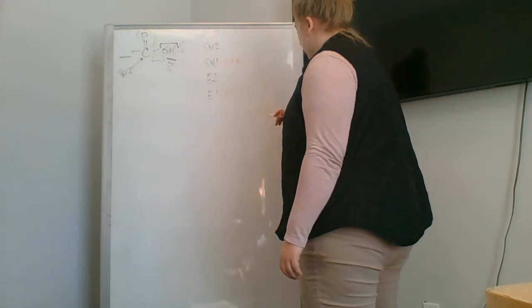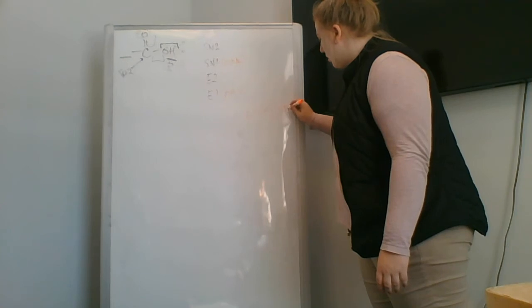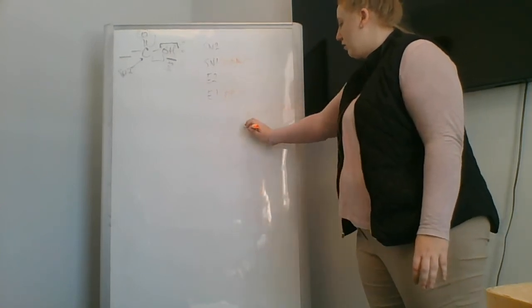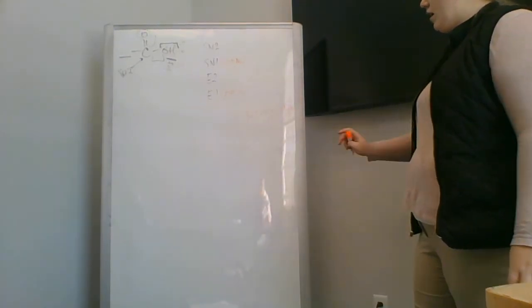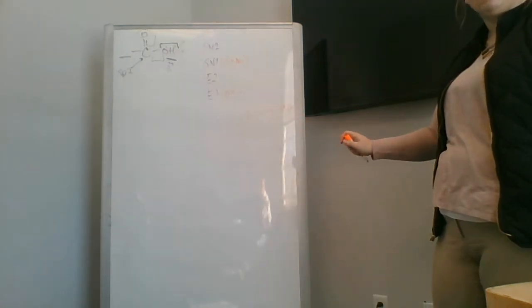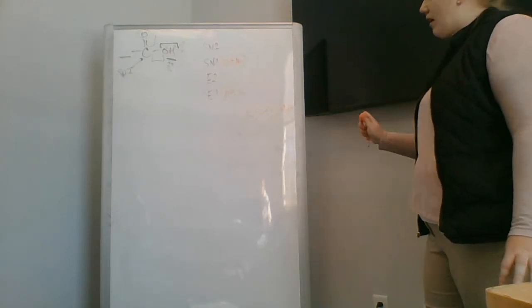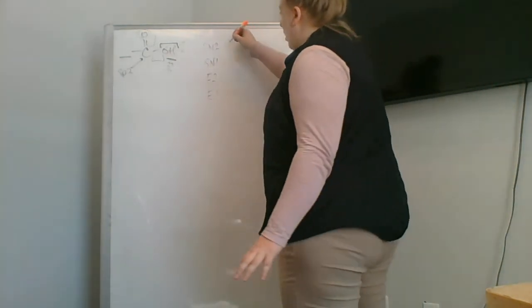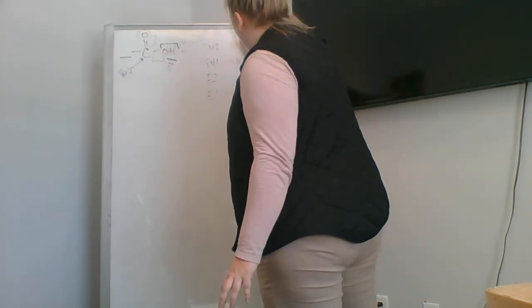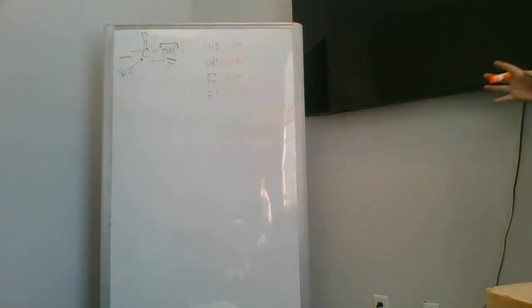This is considered an okay leaving group, so whatever we're reacting with wouldn't matter as long as... if you change the concentration of this, that would impact the reaction rate, but changing the nucleophile wouldn't change it. With bimolecular, if you're changing the concentration of either reactant, it's going to affect the reaction rate.